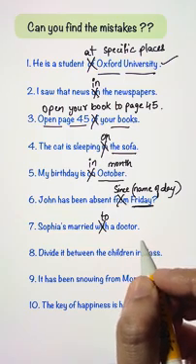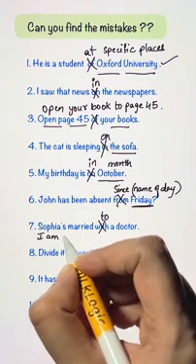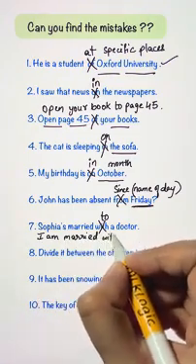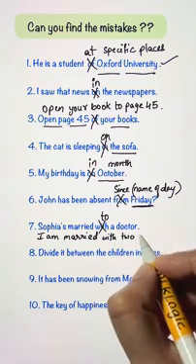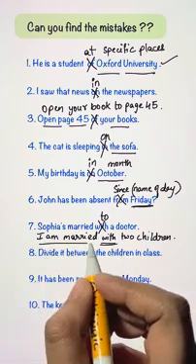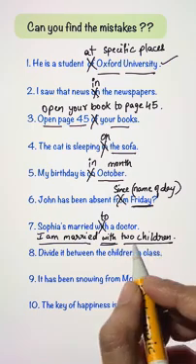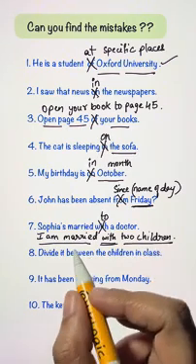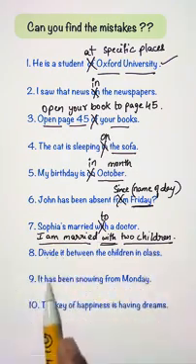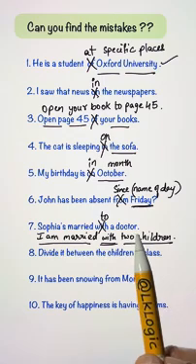For example, I'll write: I am married with 2 children. So the person is married to their spouse and the person has the other thing as well, that's two children. So when you're saying two things, we use with, married with. But here you use married to. Sophia's married to a doctor.